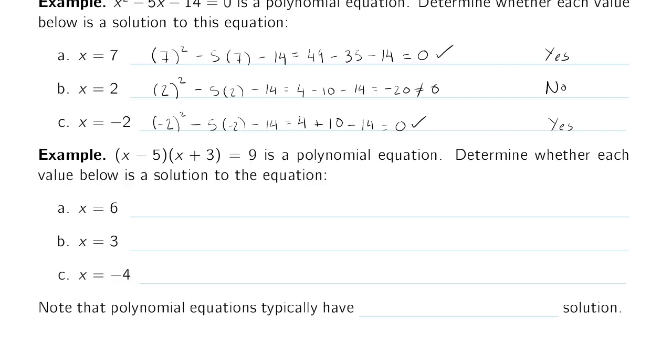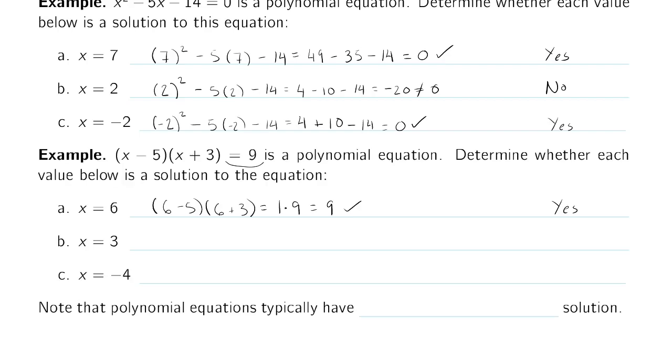When x is 6, this equation says 6 minus 5 times 6 plus 3. 6 minus 5 is 1. 6 plus 3 is 9. That equals 9, which is the other side of the equation. So x equals 6 is a solution to that equation.